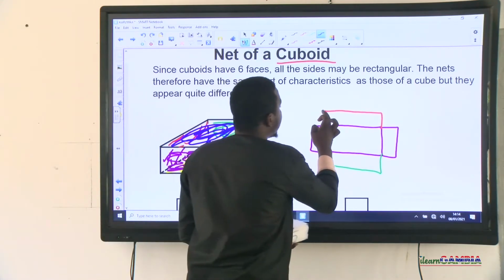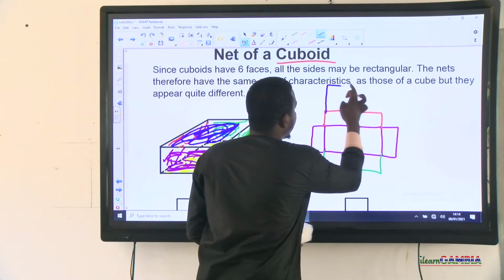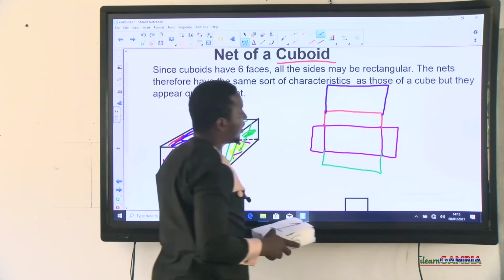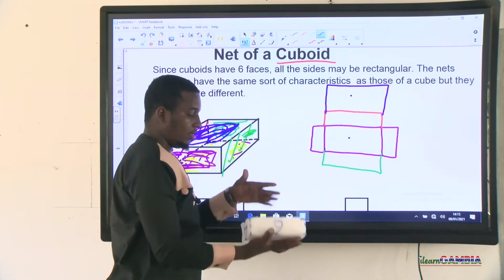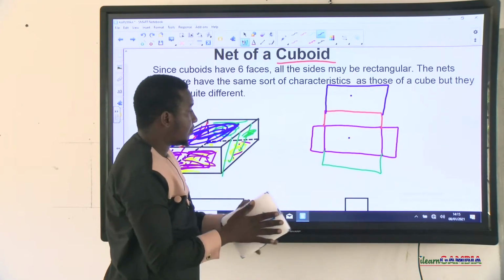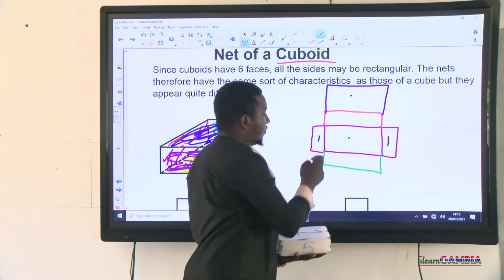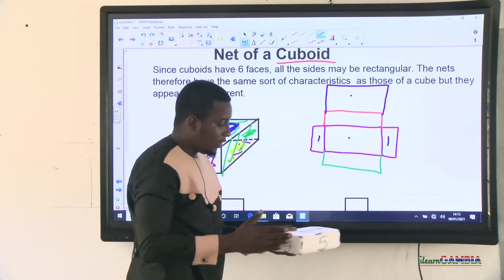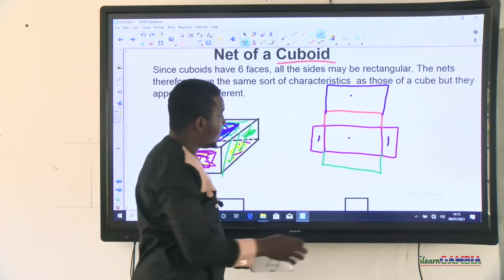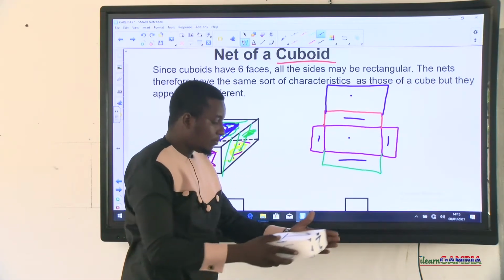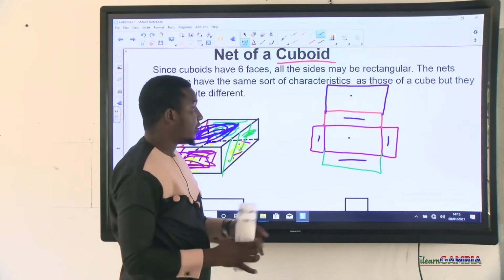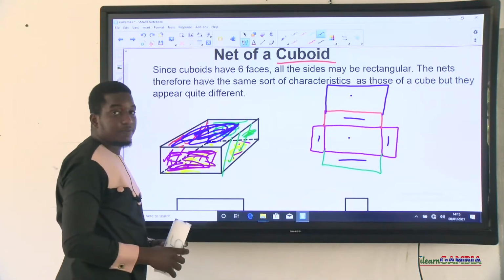So this is going to give us that face. So as you can see, this face and this face are equal. That is this other face and this other face, they are equal. This face and this face are also equal, which is here and here. And this face with this face are also equal, which is here and here. So that is what forms the cuboid.